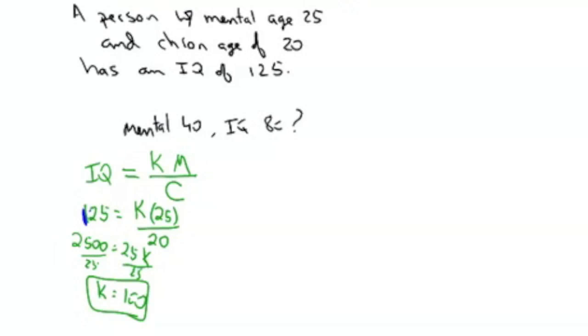All right, start all over again. IQ is equal to KM over C. Plug in what you know. Do I know the IQ? And please say no. Oh, no, please say yes. This one we actually do know. Which one's the IQ for this one now? 80. Do I know K? Yes. Is that 100? That doesn't change. Do I know M? The mental age for the second part is 40.